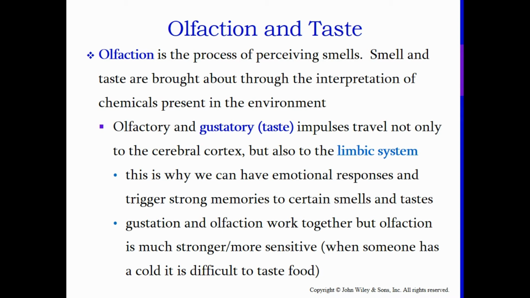This is why we can have emotional responses and trigger strong memories to certain smells and tastes. They say that your sense of smell is very directly tied to memory. There are times where, in the spring when you first smell freshly cut grass or certain foods can bring back memories because they are so strongly tied together.